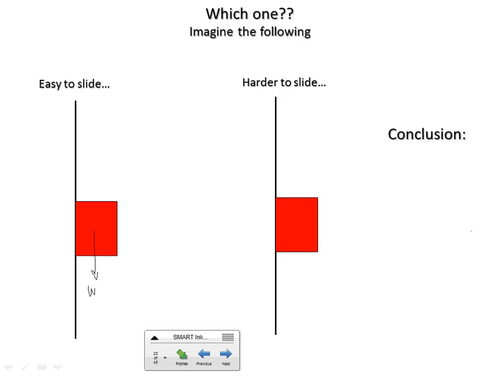And if we want to slide it up the wall, well, let's say we push with a force A like that, okay? Well, by us pushing, there's a component of our applied force that points in towards the wall. It means that there's a normal force that points out like that, right?